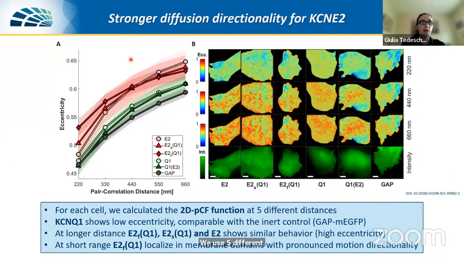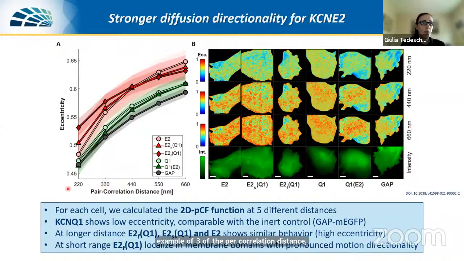Here you can see the curves that we obtained, the values of eccentricity as a function of the pair correlation distance. And here you can see the intensity image of the cells in the different conditions and the eccentricity maps for an example of 3 of the pair correlation distances considered.